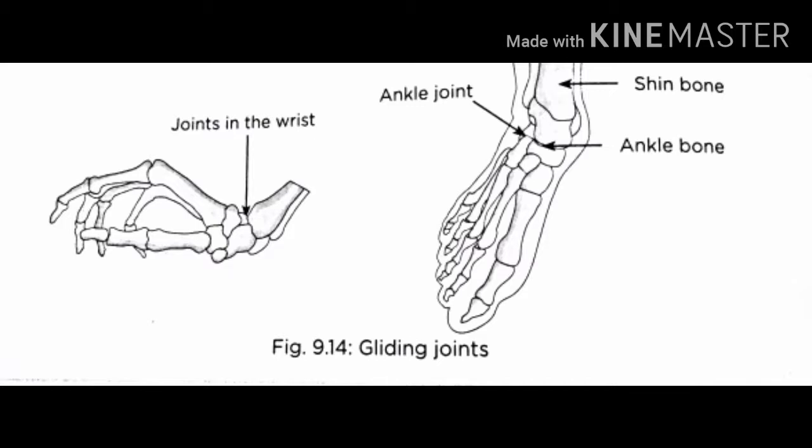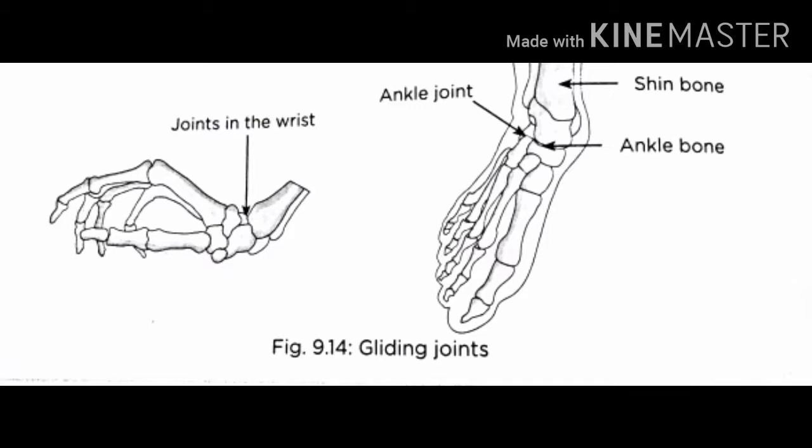It is also found between any two vertebrae of the backbone. It allows bones side to side and forward and backward motion.